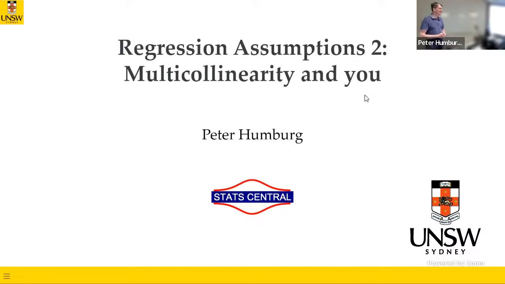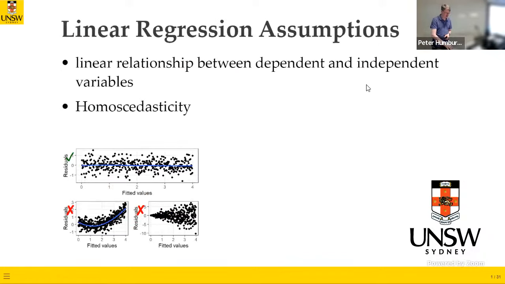And yeah, so I'm here today to talk to you about multicollinearity, which is a little bit of a troublesome topic. When we talk about linear regression, we often talk about the various assumptions that we are making and that we probably should be checking before we put any sort of weight on our results.